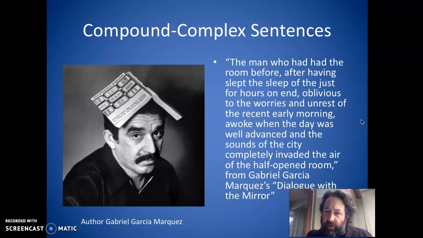In this example here, let's see, it looks like the dependent clause is up here, with after having slept the sleep of the just, and then we have different parts of it, right? But half of the independent clause is here, the other half is down here.